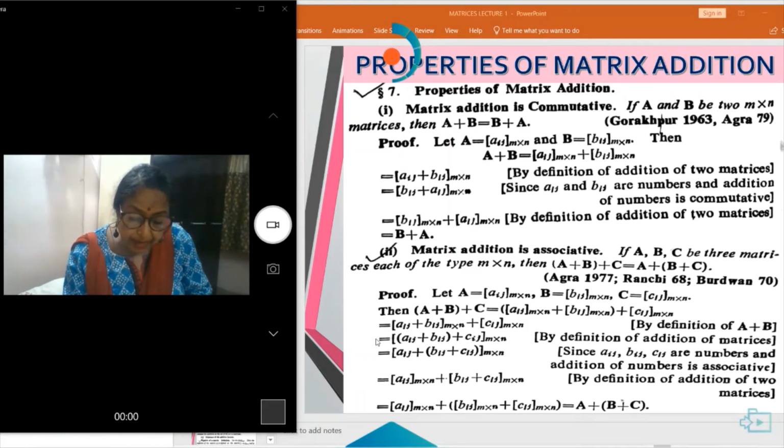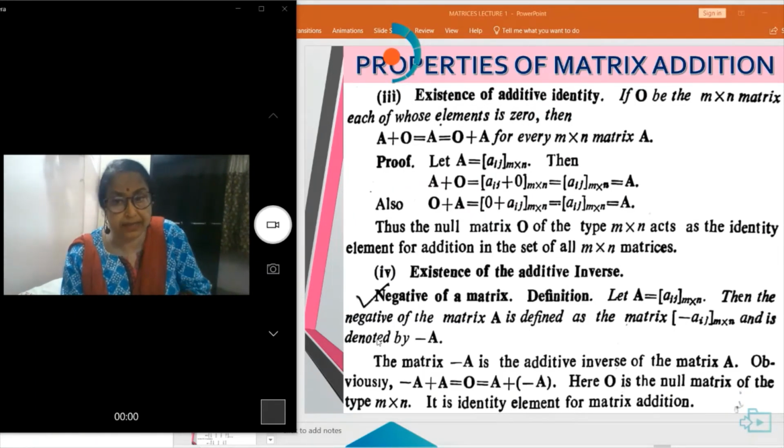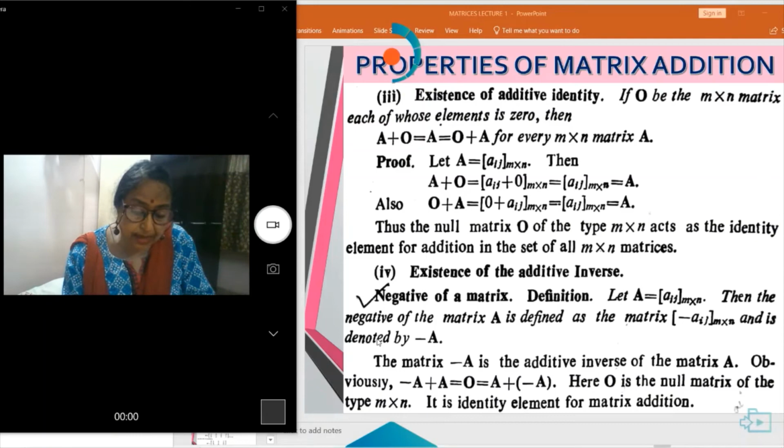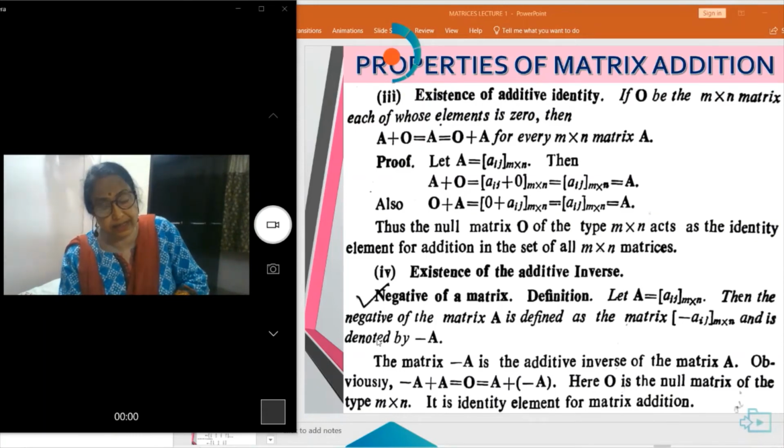Now, the existence of additive identity, that is, A plus something should be equal to A. This is possible only when 0 is the additive identity.